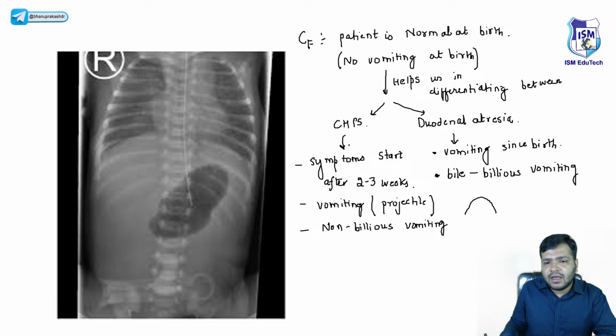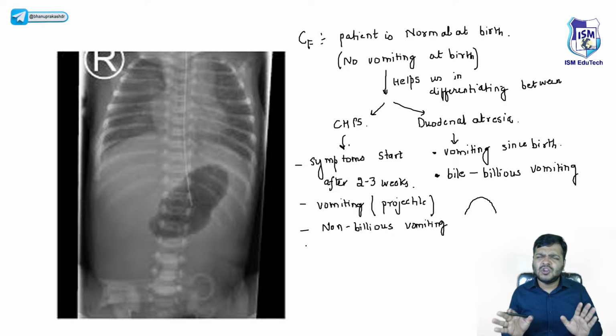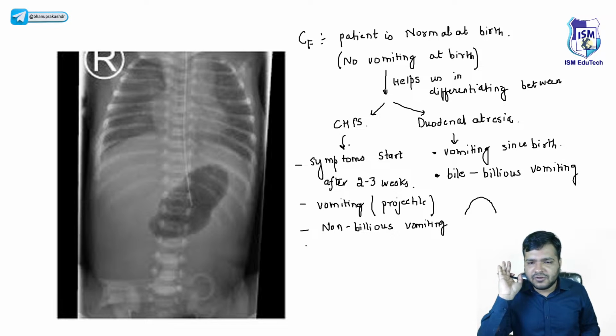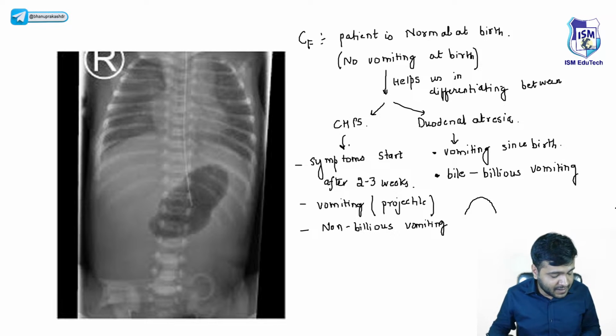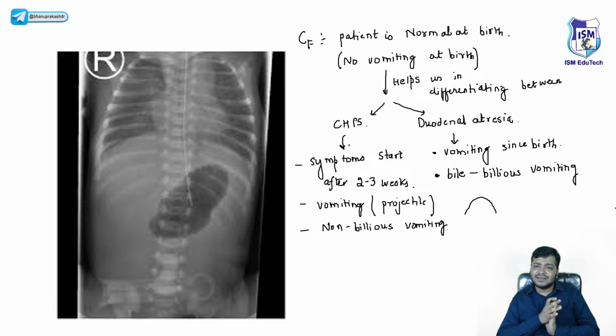And usually in many of these children, we have seen that there is no protein energy malnutrition. So I hope you are able to differentiate between these two conditions when they are asked in the surgery exam.